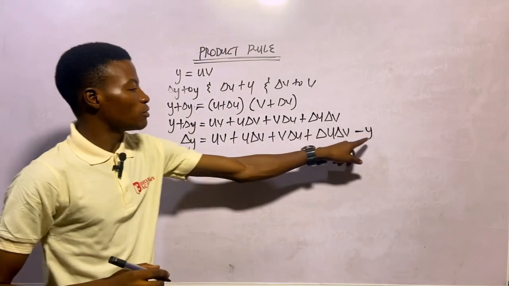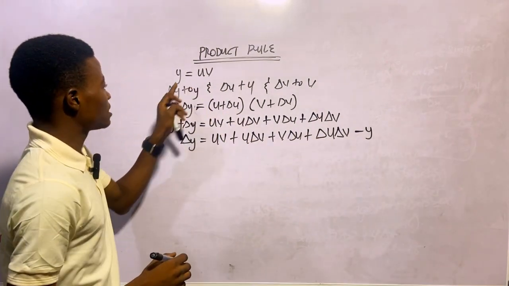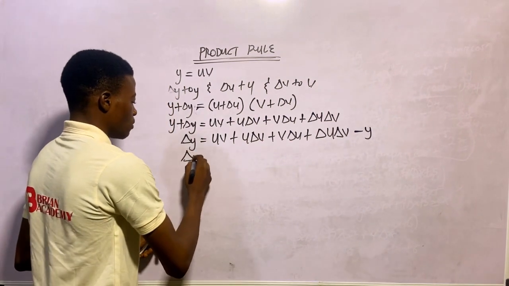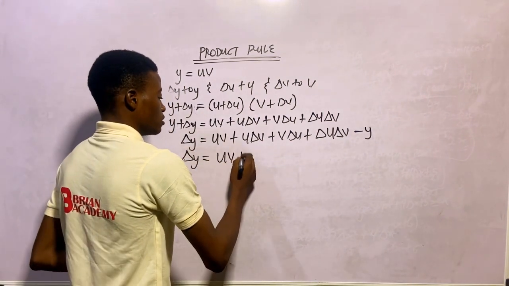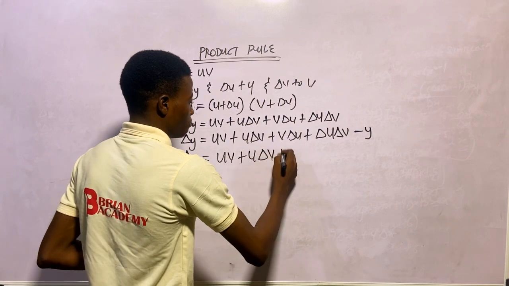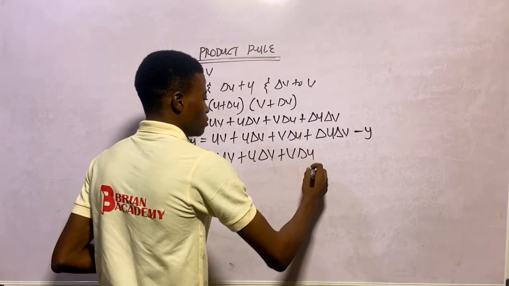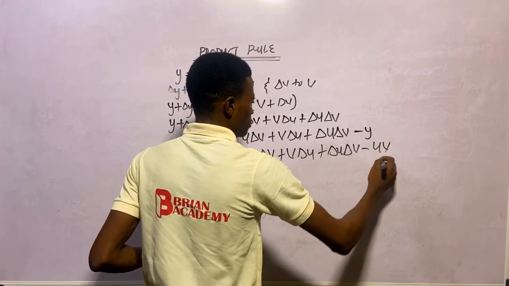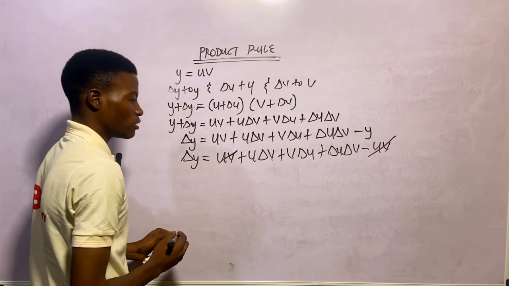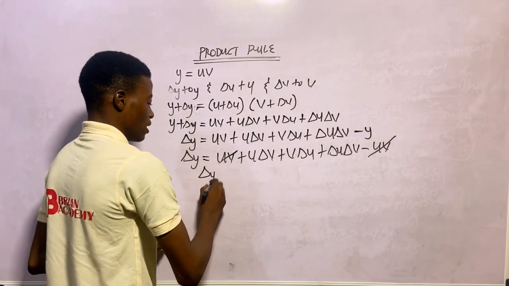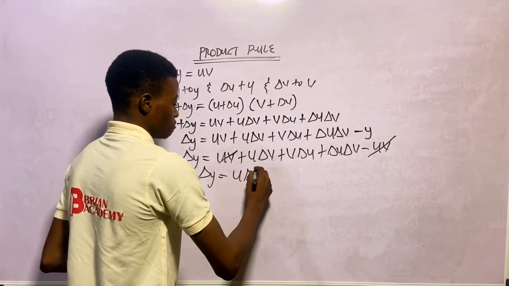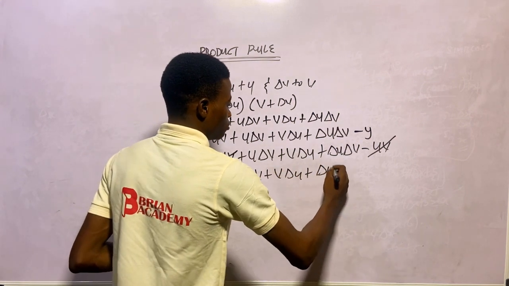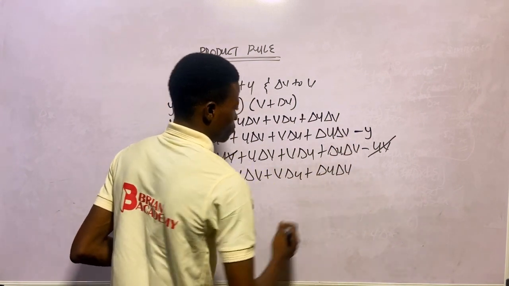Recall that y is uv, so we put that here: uv plus u delta v plus v delta u plus delta u delta v minus uv. The uv terms cancel out, and simply we have change in y equals u delta v plus v delta u plus delta u delta v.